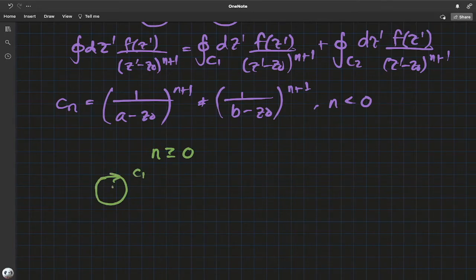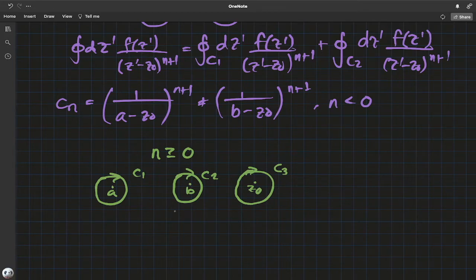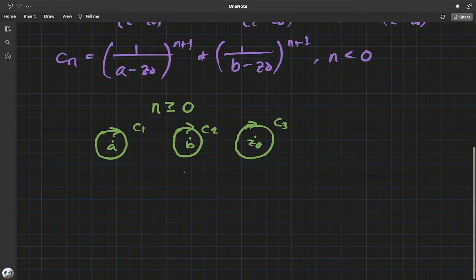So C1 about A, C2 about B, and I recommend drawing these sub contours whenever you're calculating the coefficients in the future, because it may be a waste of time to show the entire deformation, but it's a really good idea to draw the sub contours like this.